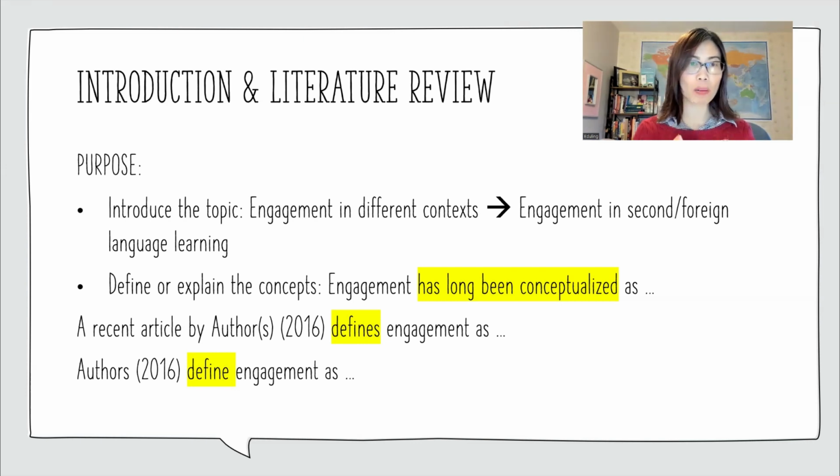A recent article by blah, blah, blah, 2016 defines engagement as. So you can see that the verb defines is used here. Or you can say authors, multiple authors, define engagement as. So I give you 2 sentences here that you can use if you want to define a concept.